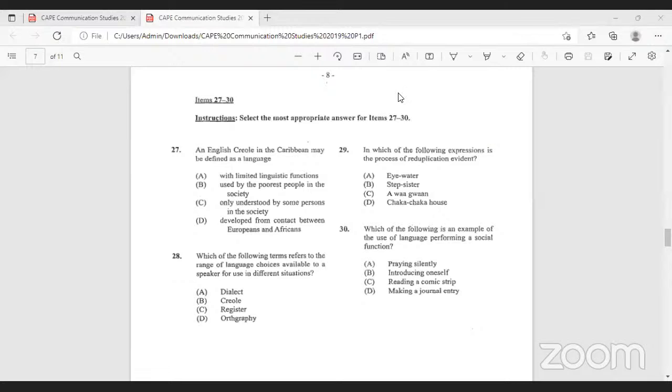Is it dialect, Creole, register, or orthography? Most of us should know that one. 28 is C, right? Register. Register is the range of choices available to you.